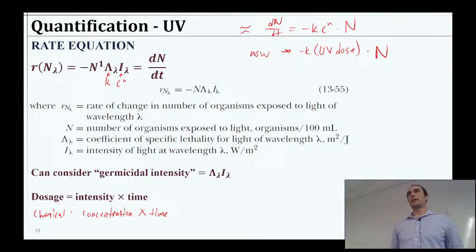It's, like I said, just like the chemical disinfectants. It's just a matter of understanding how to put that rate equation together to insert that into your mass balance. So we could put this in batch, we could put this in a CSTR, whatever design we desire.